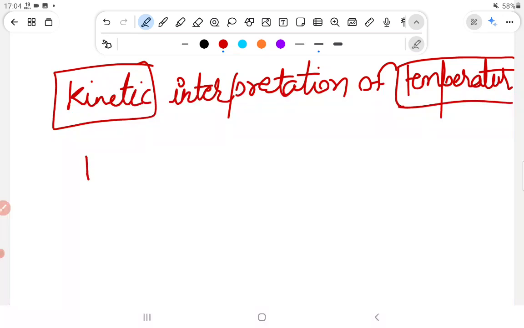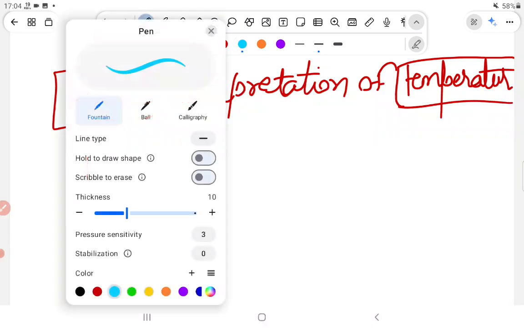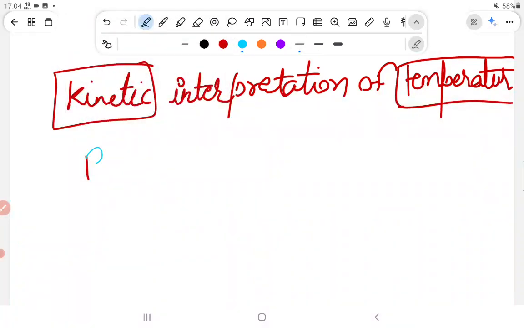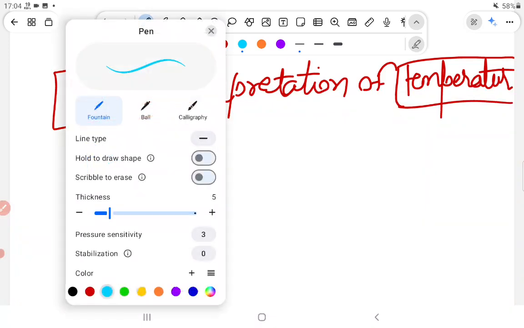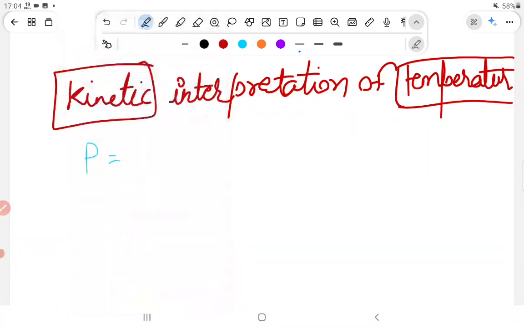We have derived till now that P is what? It was, let me change the color, 1 upon 3 n m v mean square.